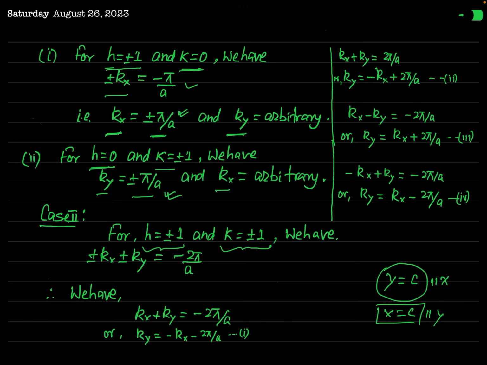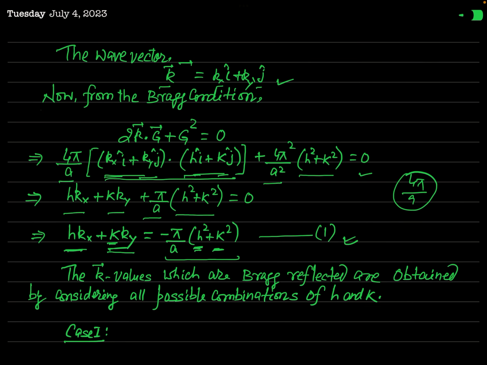So after this choice, what will be our equation number 1, which refers to the Bragg's condition, or when Bragg's condition will get satisfied, that is represented by this equation. Now according to our supposition, we have considered h equal to plus minus 1 and k also plus minus 1. So let us substitute these two values here.